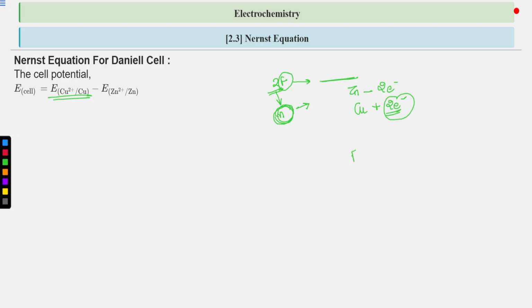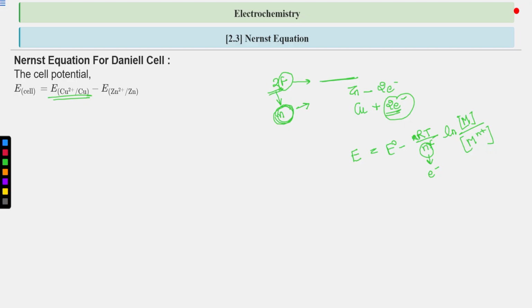The Nernst equation is E equals E naught minus RT by NF ln of the metal concentration divided by the ion concentration of the metal. Here N represents the number of electrons participating in the redox reaction.